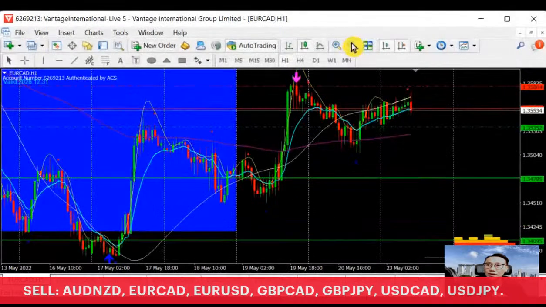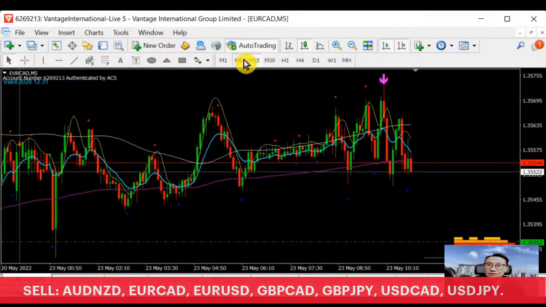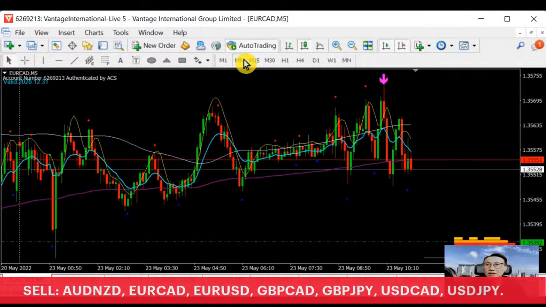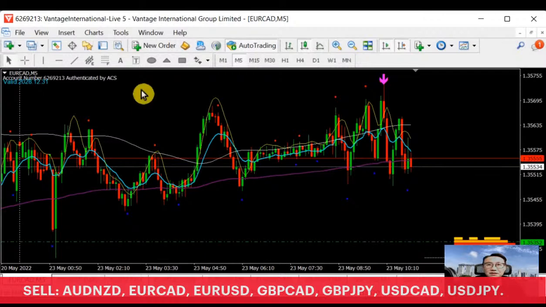H1 is a new selling cycle, with green and red candles coming along the way. On 30 minutes we are still selling, and in the last 15 minutes we are still selling. On M5 now, the space here is about 17 pips.